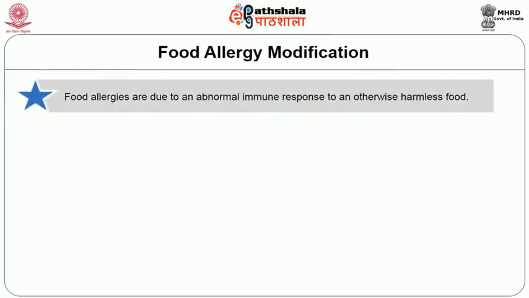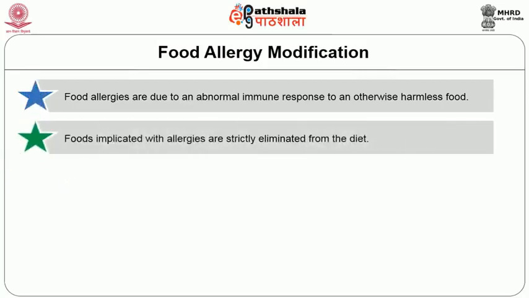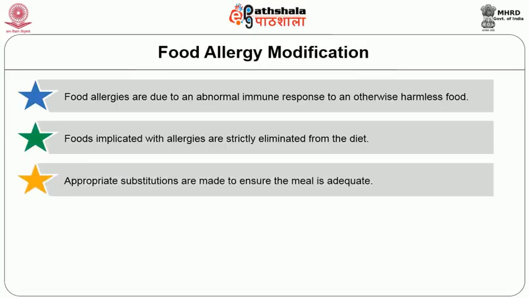Food allergies are due to an abnormal immune response to an otherwise harmless food. Foods implicated with allergies are strictly to be eliminated from the diets, and we call these diets elimination diets. Appropriate substitutions are made to ensure that the meal is adequate and nutritious.